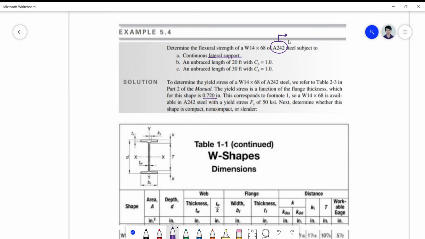So we can use a special type of steel, which is A242, in that regard.